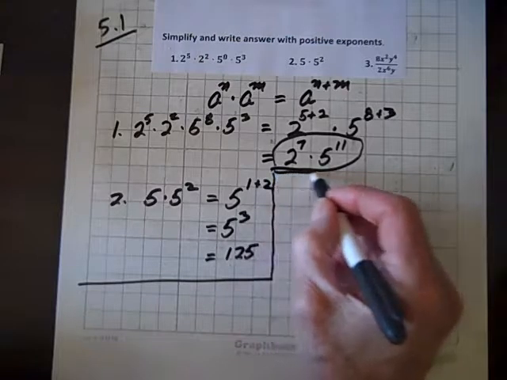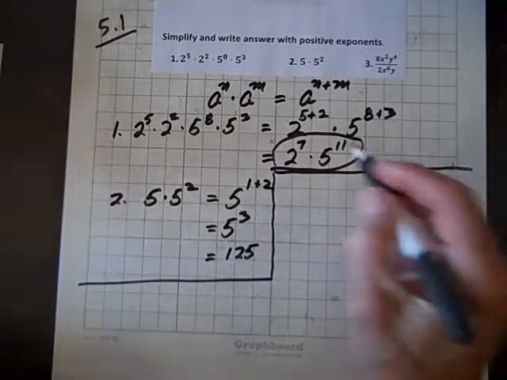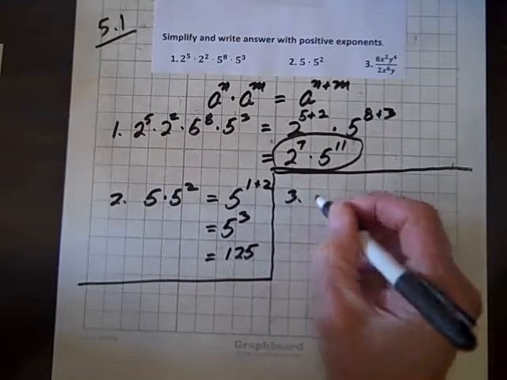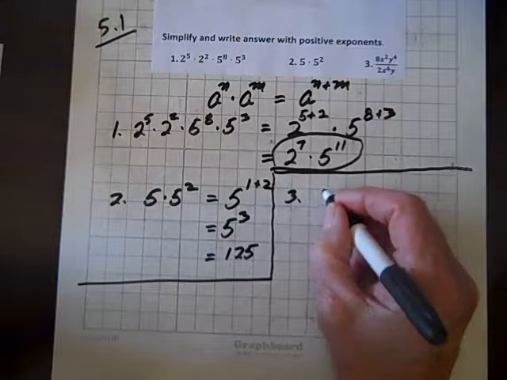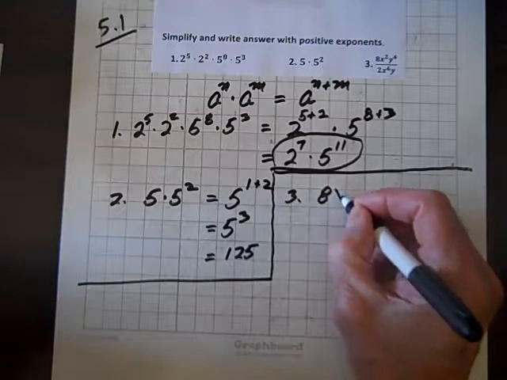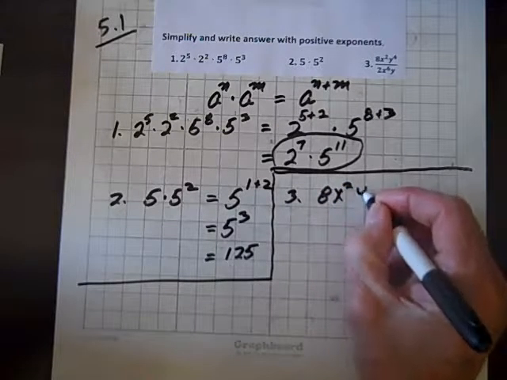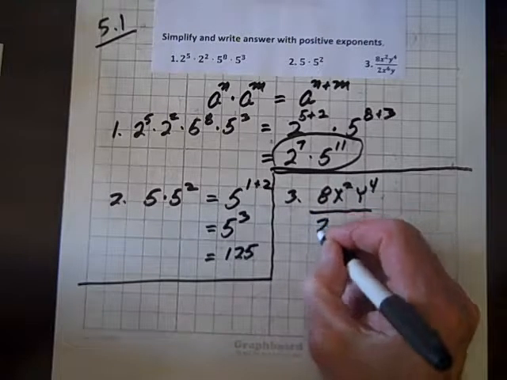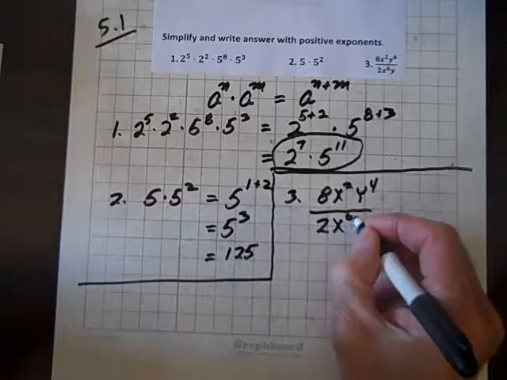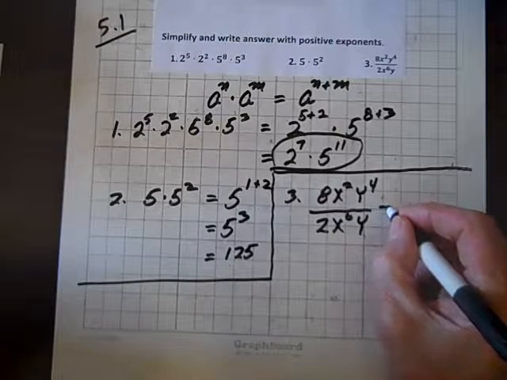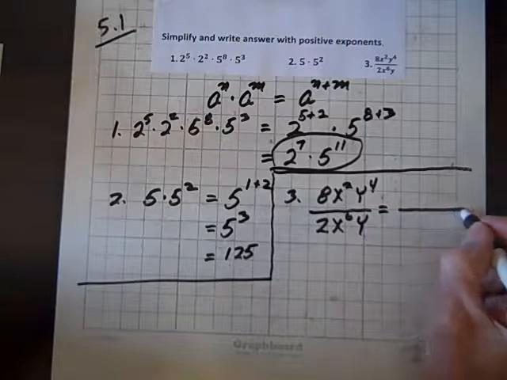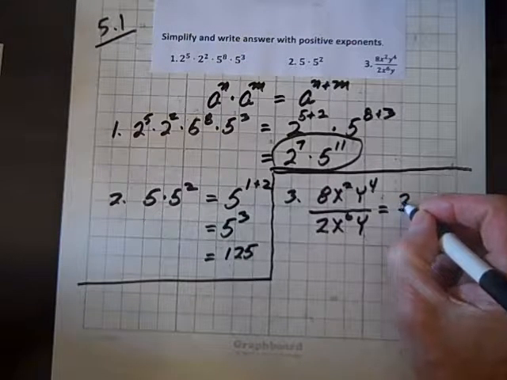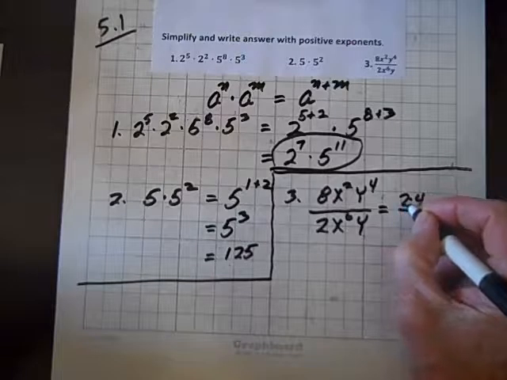Let's do 3. So for 3, we have 8x squared y to the 4th over 2x to the 6th y, which equals, and I don't know if you've seen this before, but 8 is the same as 2 times 4.